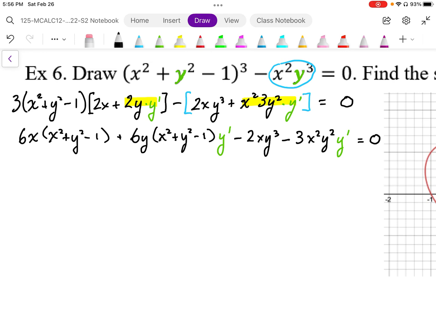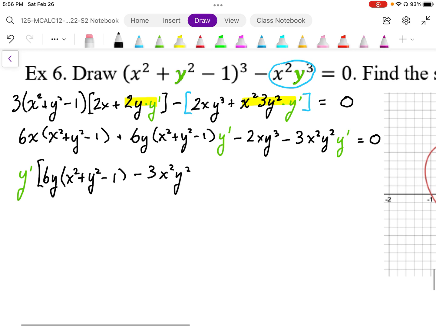We have to be careful of our expressions and our signs. I'm going to group together my y primes, factoring out the y prime, so I'm left with 6y times x squared plus y squared minus 1. Notice I've kept it partially factored, and you may want to multiply this all out, but whatever way you do it, you want to make sure you're keeping track of all the pieces. So this is going to be minus 3x squared y squared.